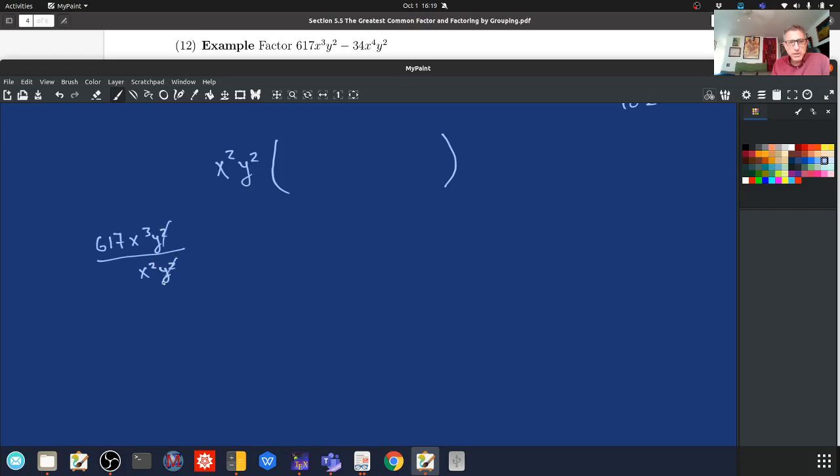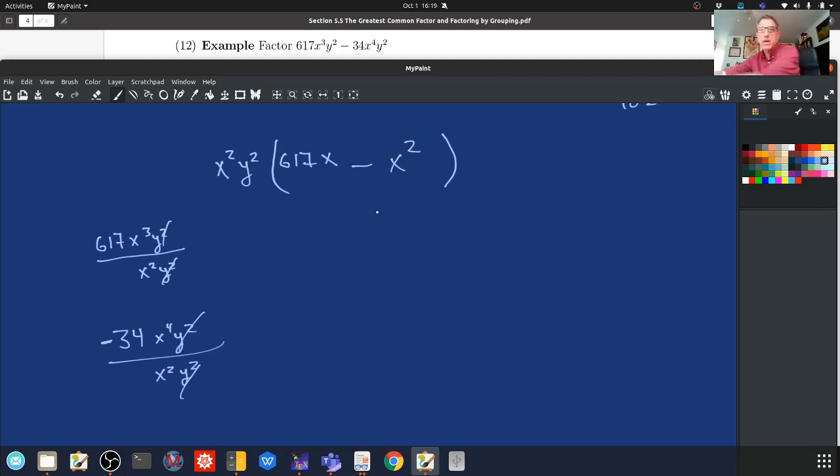Well, the y squares cancel, so it's going to be 617, and x cubed divided by x squared is x. What is my 34x to the 4th y squared divided by x squared y squared? Those cancel. It's going to be minus x squared. And that is the factorization.